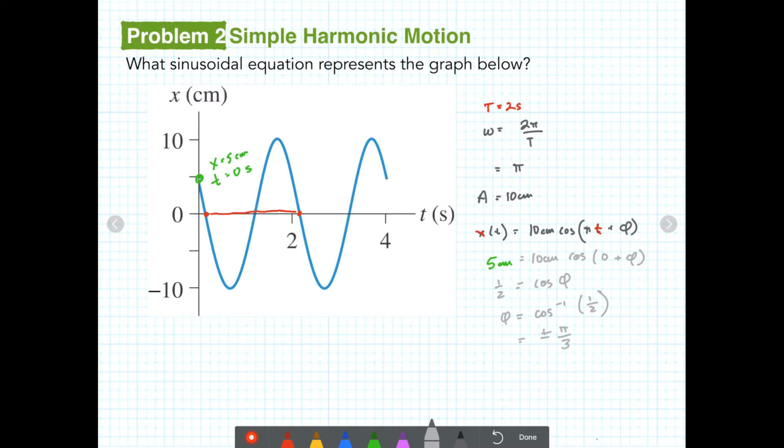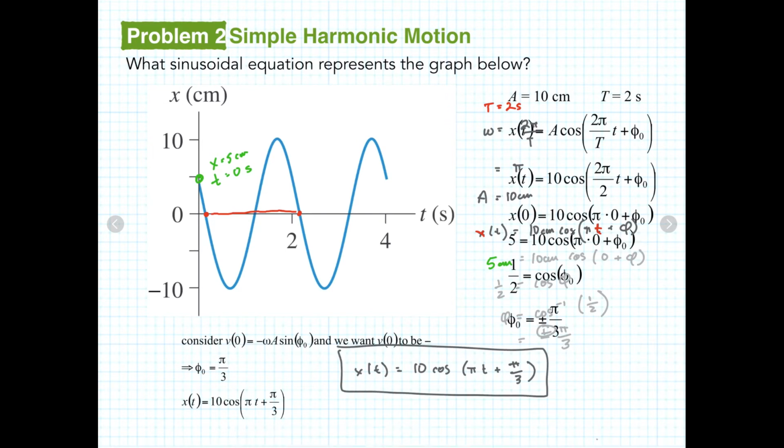All right, so we want to figure this out. That means we can see that this thing shifted back, so we're going to pick the positive one. And so we can write our equation as x of t is equal to 10 cosine pi t plus pi over 3. And this is our equation here.